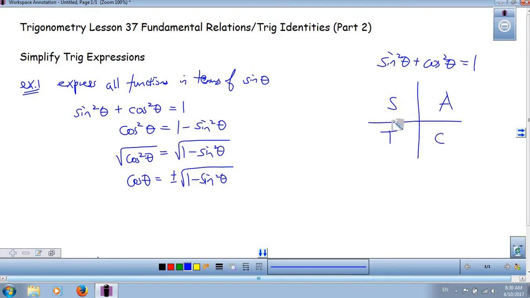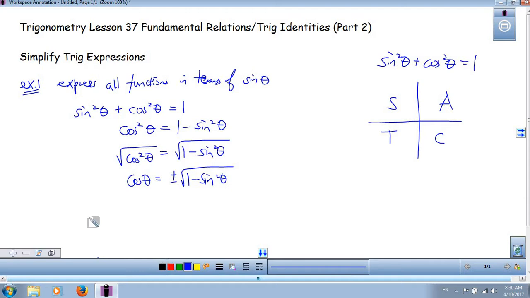When sine is positive, the angle could be in quadrant 1 or quadrant 2. So for any given sine theta, there could be two possibilities for cosine. In quadrant 1, cosine would be positive. In quadrant 2, cosine would be negative. Therefore, given sine, cosine would be either positive or negative.